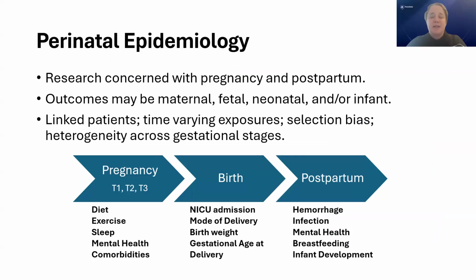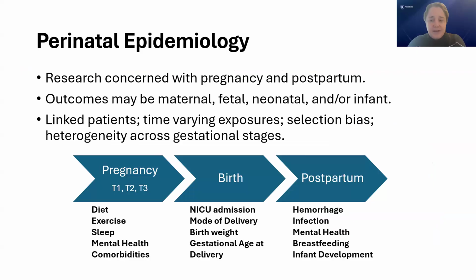So perinatal epidemiology focuses on the health of mothers and infants during pregnancy, childbirth, and the postpartum period. This stage of life is vulnerable, and outcomes during this time can have lifelong consequences for both the child and the family.